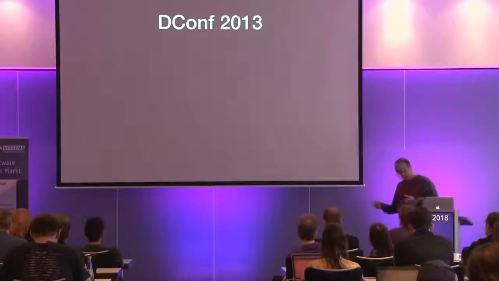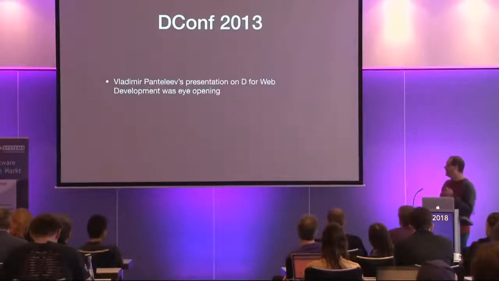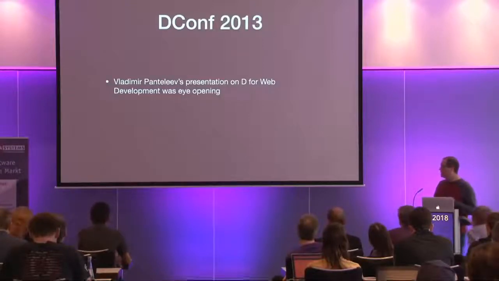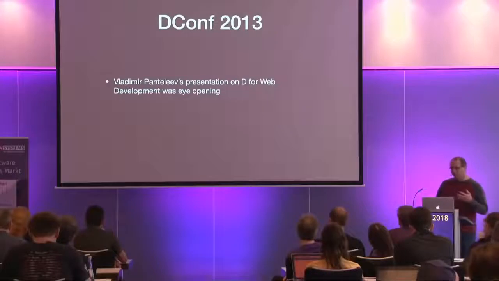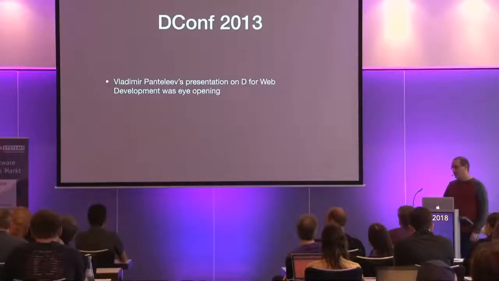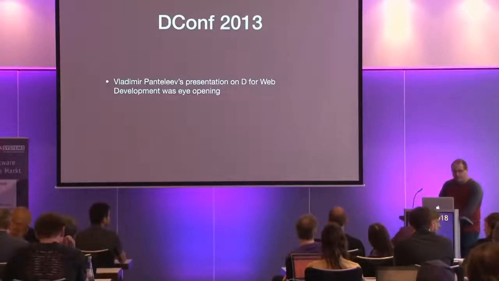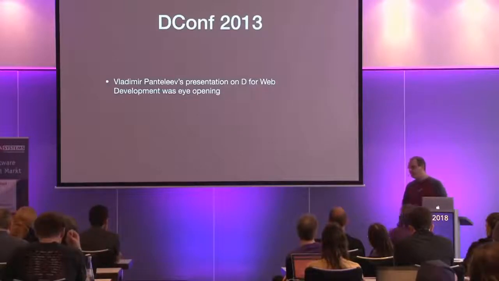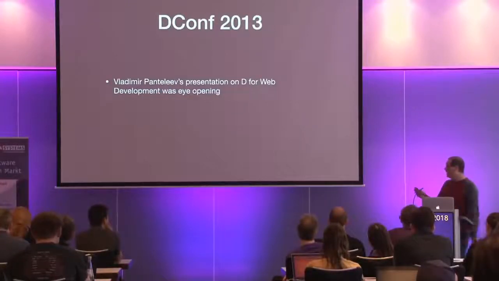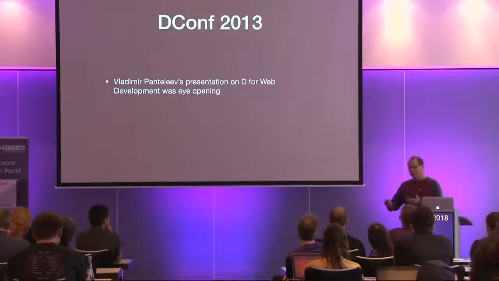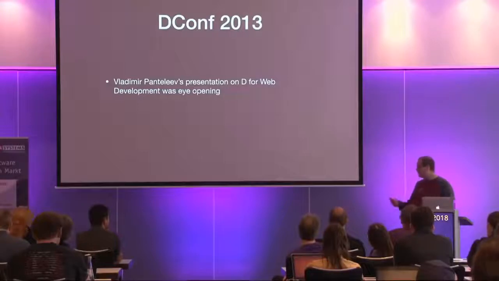And so in 2013, I attended DConf and saw a presentation from Vladimir Panteleev, I think that's how you say his name, on doing web development in D. If you're interested in that, I highly recommend you go look it up, because I watched it again, and it's still pretty relevant. It shows the power of what vibe.d gives you. And I said, I actually could use D to do my web application.